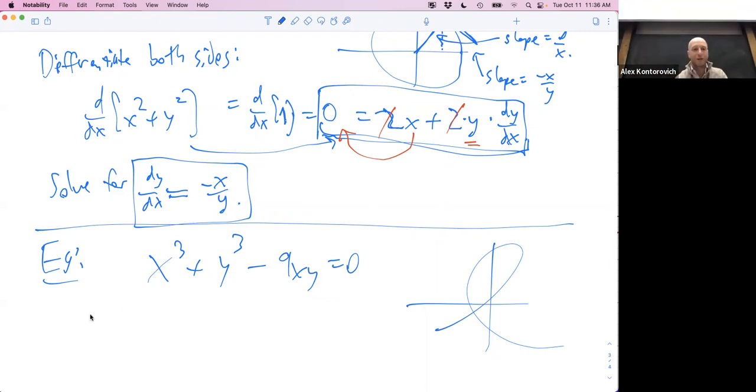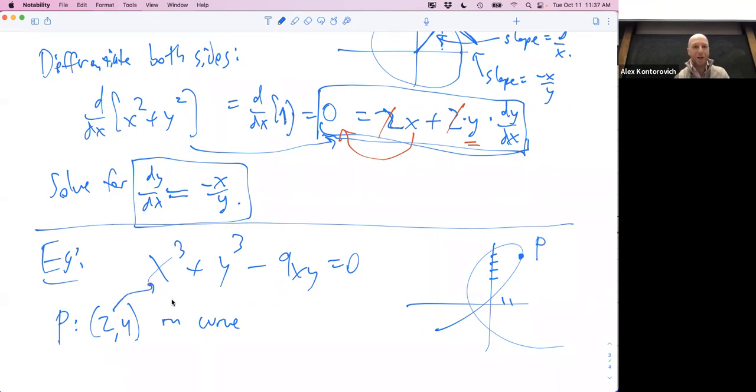Let's look at the point (2, 4), which I claim is on the curve. So (2, 4) is a point on the curve. This is this point P. Is it actually on the curve?